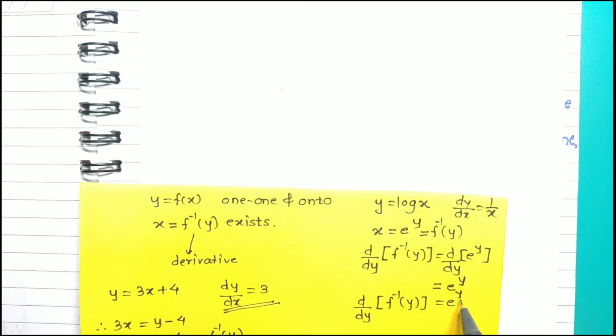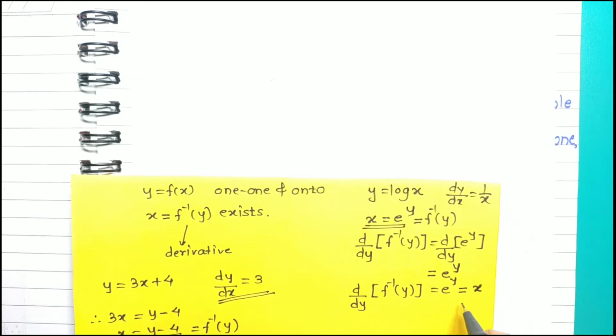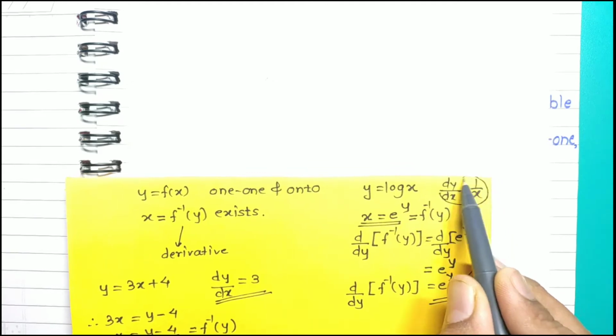Let's express it in terms of x. Here we have e raised to y is equal to x, so we can write this derivative as x. So the derivative of the inverse function is x and the derivative of function y is 1 upon x.